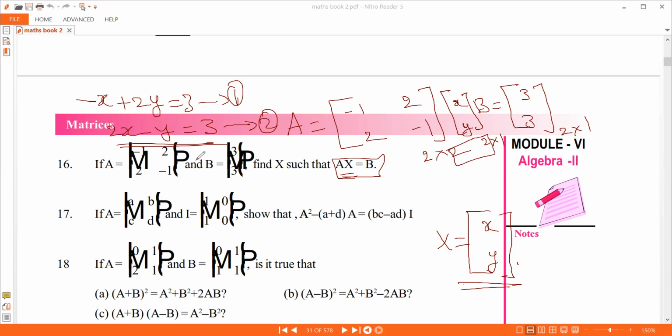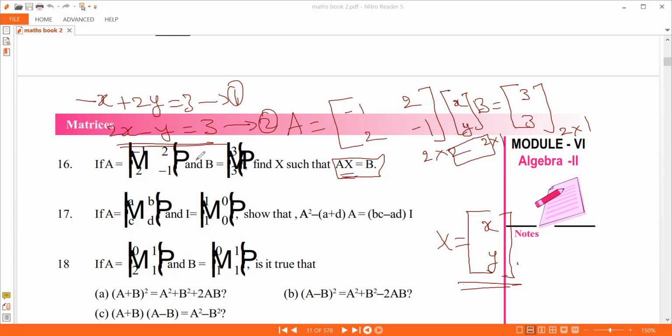And then down I write minus x plus 2y is equal to 3. Then I can cut the minus 2y and plus 2y. Then it will be 3x is equal to 3. So x is equal to 3 by 3, which is 1.